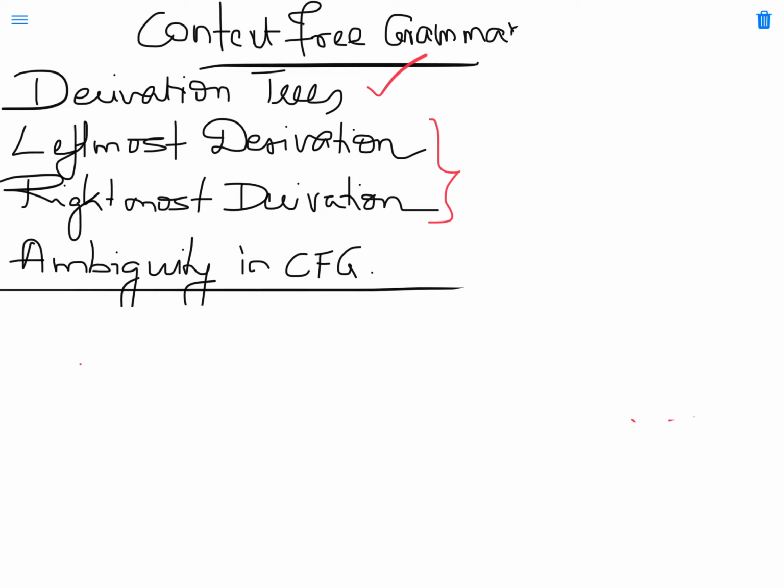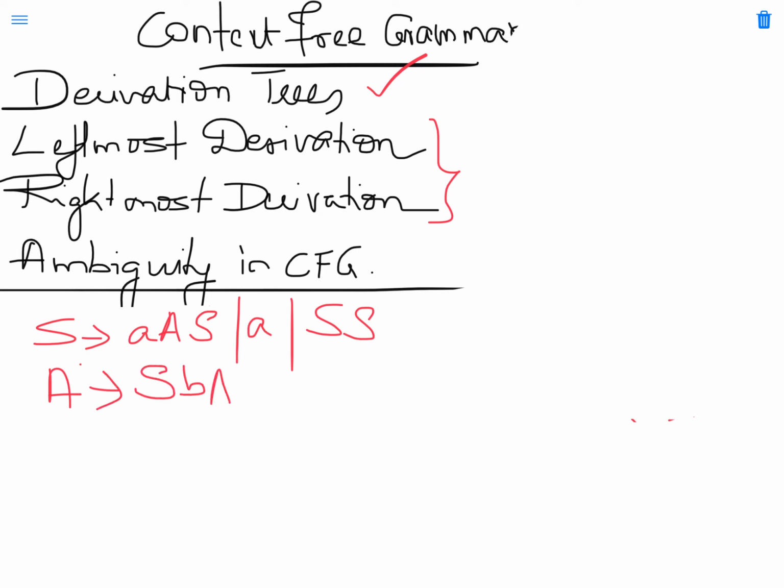So you can take an example like S gives AAS | ASS, and A gives SBA | BA.